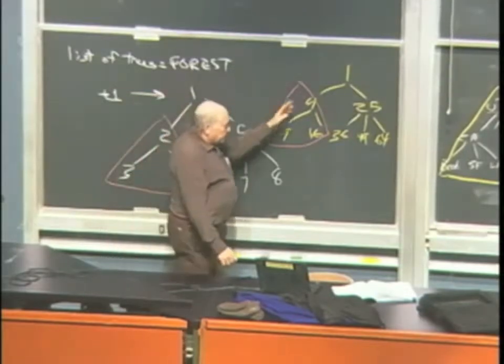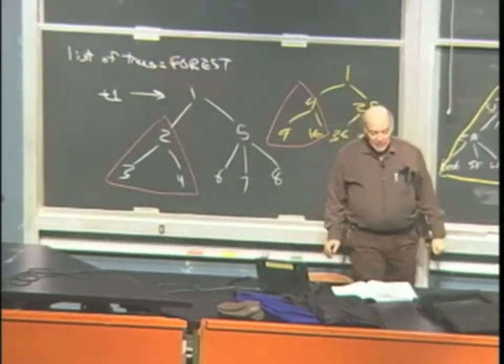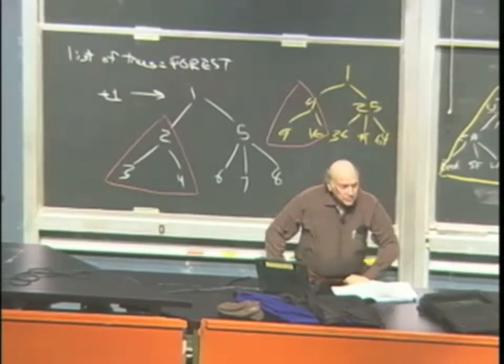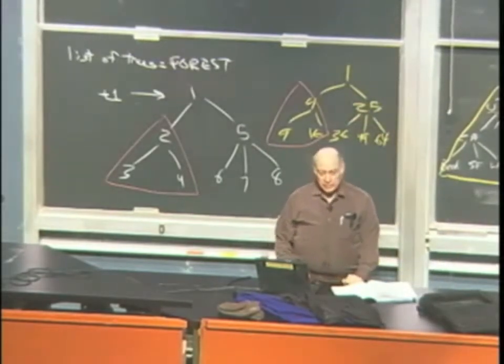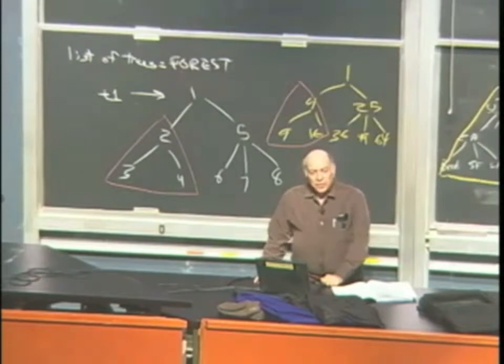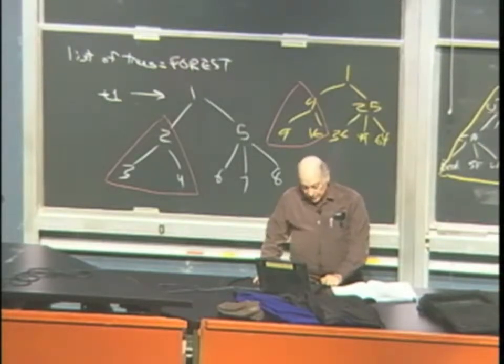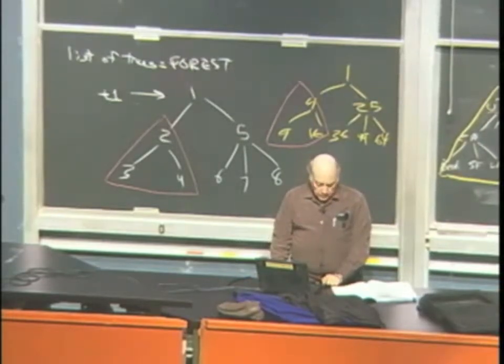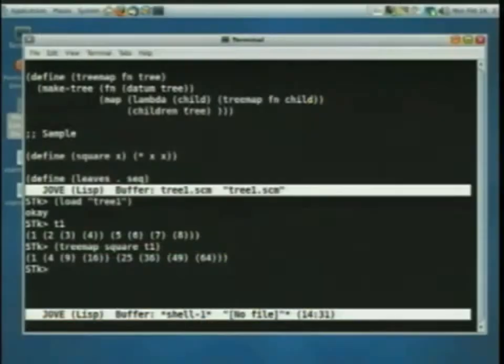And in general, in the result, we're going to have one child in the result for each child we have in the original, right? And what is it that we do to those children? Well, we tree map them, because each node is a tree, right? So what we want to say, basically, is map tree map, children of tree.